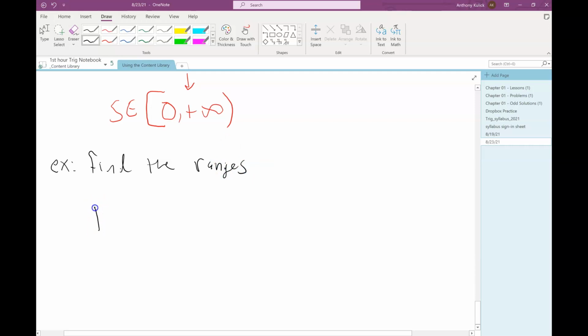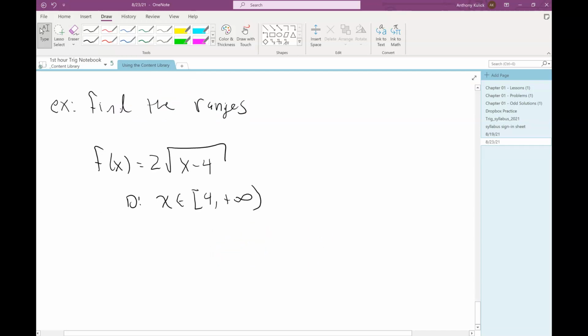So I'm going to use the same functions that we just looked at. And I'm going to include the domains when I wrote them down, because those things could be of particular interest to us.